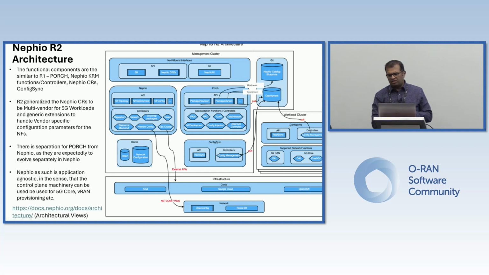From a workload cluster perspective, you again have the GitOps feature through Config Sync, but another enabler is the operator provided by the network function vendor itself, which takes in the CRs finalized at the management cluster level and renders them into the final manifest that realizes the network function deployment.